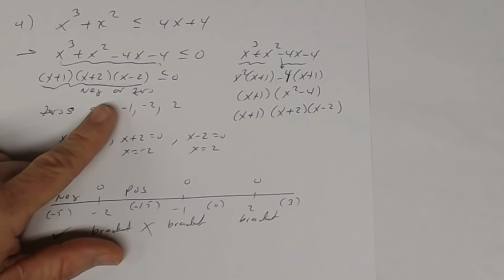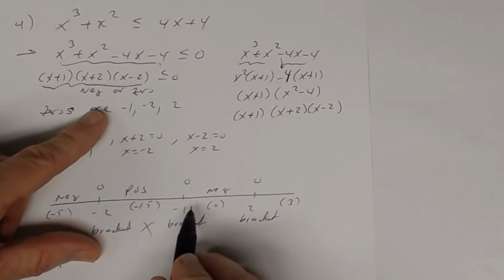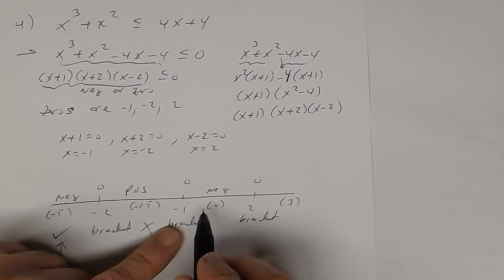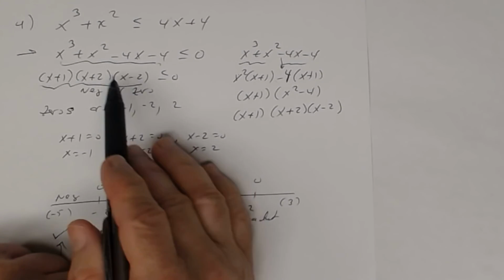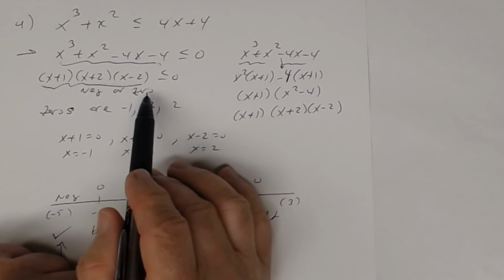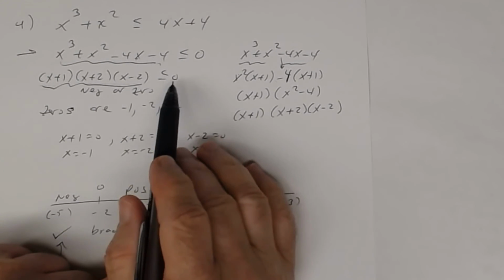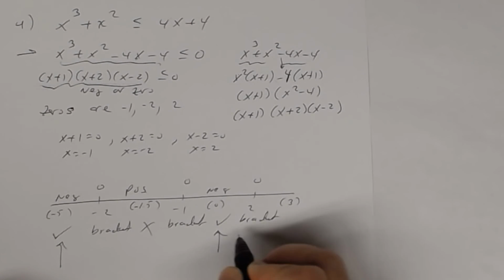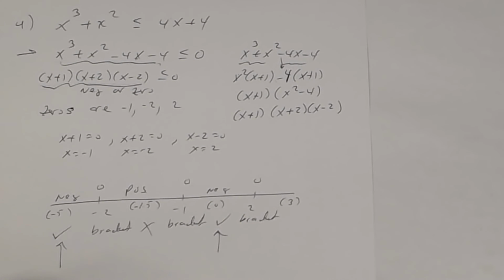So no matter what real number I use between -1 and 2, and there's an infinite number of real numbers here, is going to make this left side negative, which is something I want. Less than 0 is negative. So I'm going to use this. So there's another solution set right here.